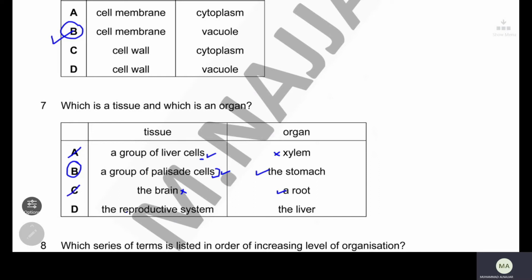Tissue is the reproductive system? It is very obvious, this is a system and this is a tissue, so they are not correct. Liver is an organ, yes, but because this is an incorrect part, we'll exclude it and it will be considered wrong. So we are now confirming that our choice is correct.